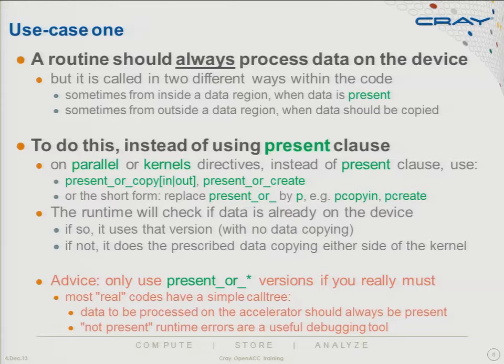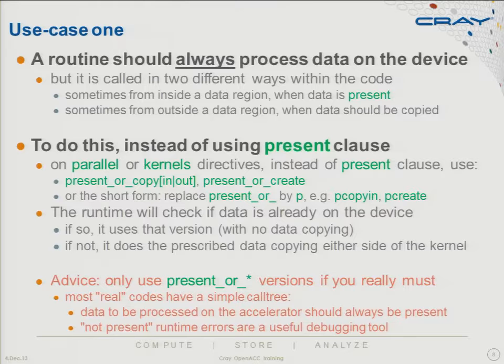What you say is, instead of using the present clause, you say present_or_copyin, present_or_copyout, present_or_create. And it'll first check, is it present? If not, it will do copy or copyin or copyout or create, just like we were doing before. So the data will always be processed on the GPU. It's just whether or not it needed to be moved to the GPU first in order to do that processing.